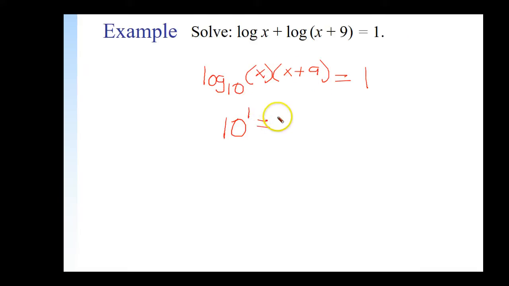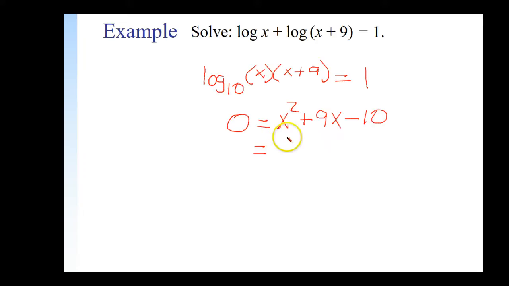Now I'll just distribute and get x squared plus 9x. Now we have a quadratic equation here. I'm going to transpose the 10 to this side, where it becomes a negative 10. And then make this the 0, having it now in standard form.